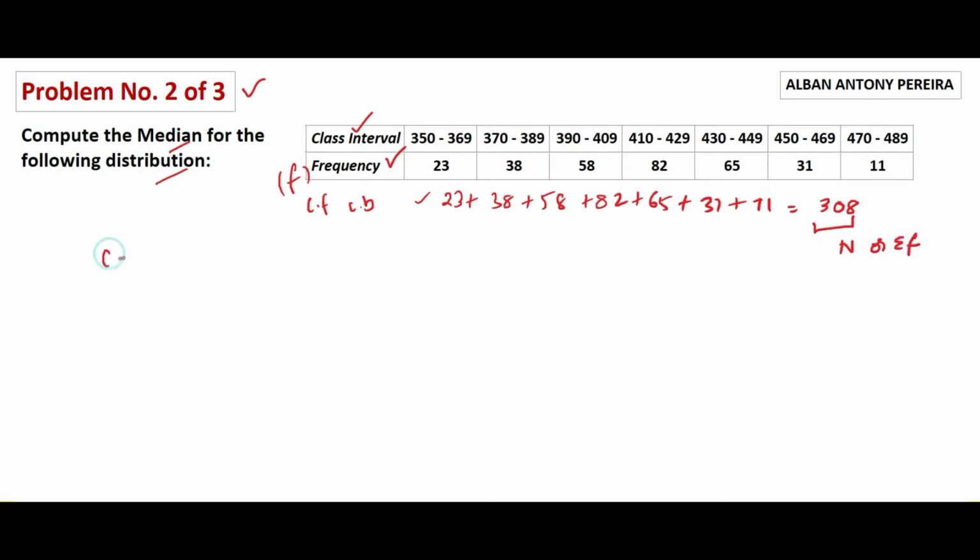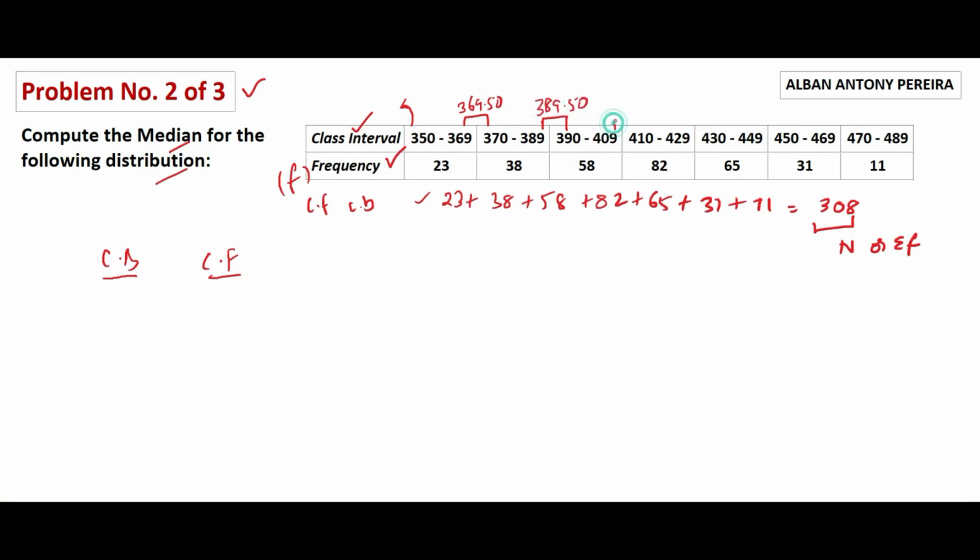First write the class boundary, that is CB, and also write the cumulative frequency. Cross check the first class interval with the second class interval, 369 and 370. The class boundary should be the middle number between 369 and 370, which is 369.5. The middle number between 389 and 390 will be 389.5.